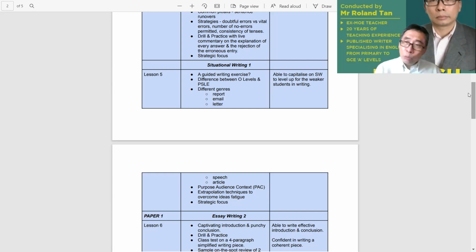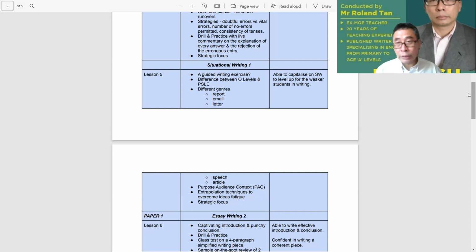Now, I would also be introducing to you this extrapolation technique to overcome ideas fatigue. Briefly, this is a very clever way to extrapolate or extenuate the situation so that you have more justification to write what you want to say, hence beefing up your SW.